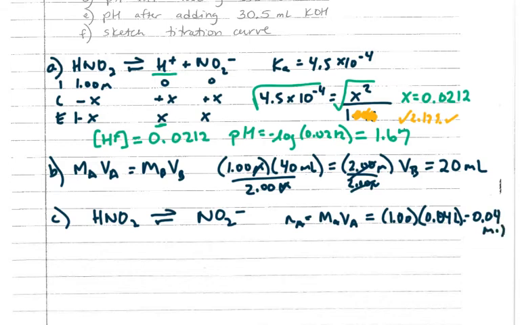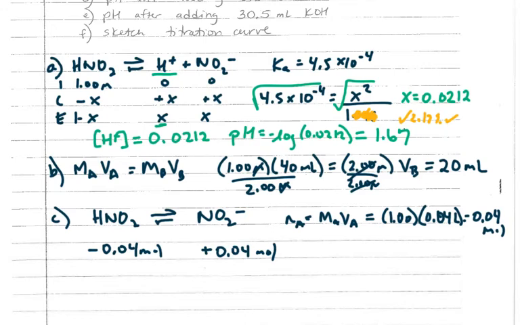So in other words, if we do this as part of an ICE box, the change here, we're neutralizing, getting rid of 0.04 moles of this, which means that we're going to be gaining 0.04 moles of this conjugate base.